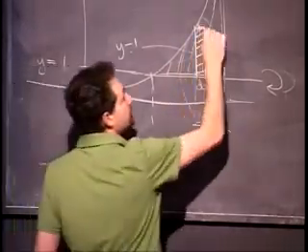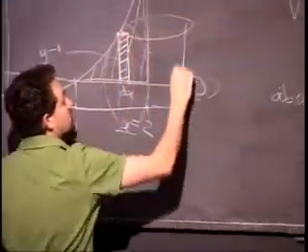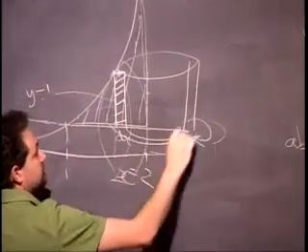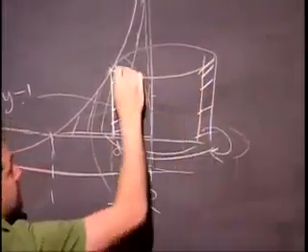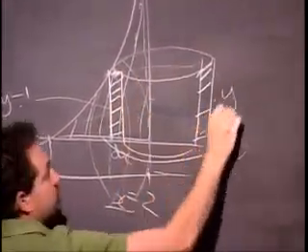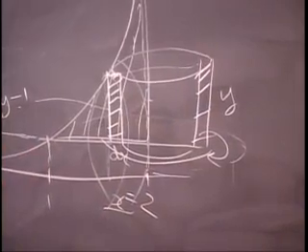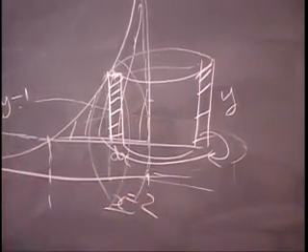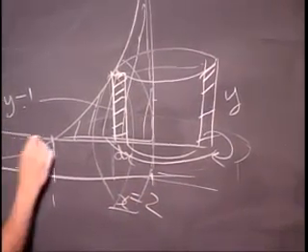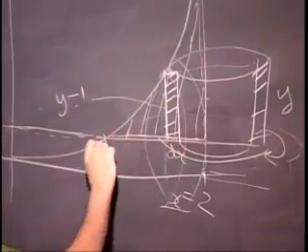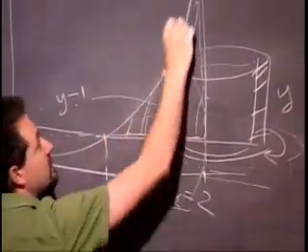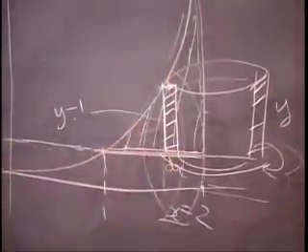If I now revolve this about x equals 2, I get a shell. The height of the shell is y, but it's not actually all the way down. See, it only goes down to 1. So I kind of need to think of this region as the difference between this top curve and the bottom curve.